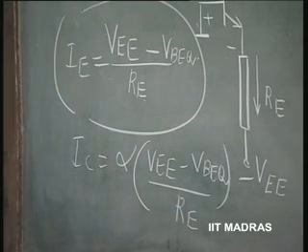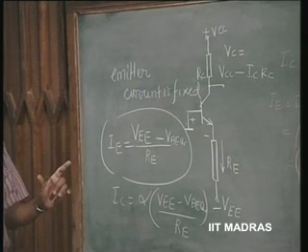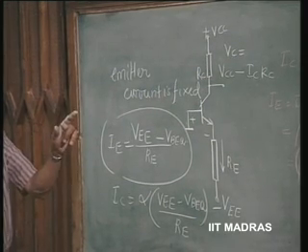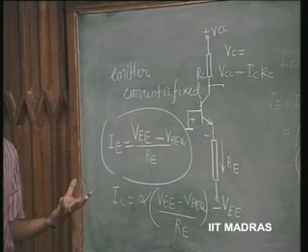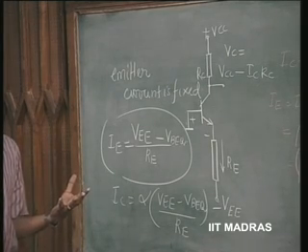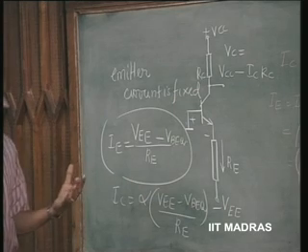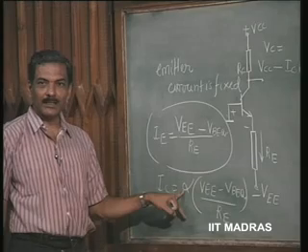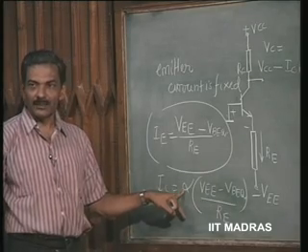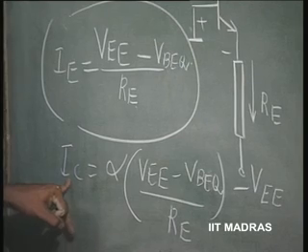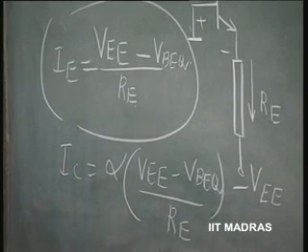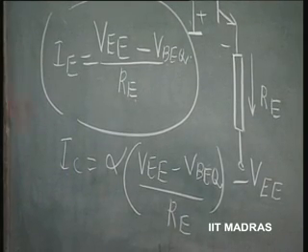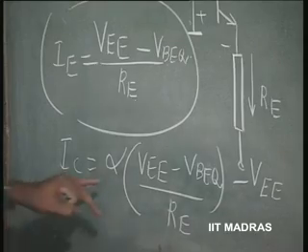In the earlier one, the collector current IC was beta times VCC minus VBEQ by RB, and beta is very sensitive to temperature and the device, whereas alpha, even if it changes from say 0.99 to 0.995, is very close to 1. So collector current does not change. Whereas when alpha changes from 0.99 to 0.995, beta will change from 100 to 200. Right? So that is very sensitive, whereas this is not so sensitive.